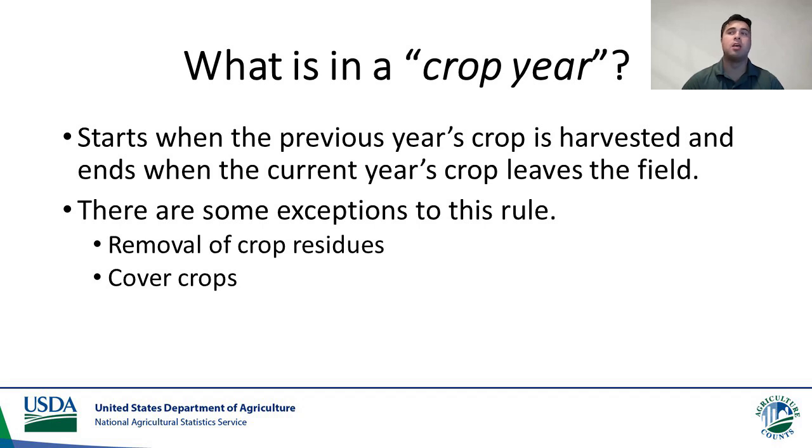So, for example, if barley was harvested from the field in the fall of 2023 and soybeans were planted in 2024, the crop code for all post-barley harvest activities and all pre-soy planting activities for the 2024 crop year will be recorded on the 2024 table with a crop code of 120 for soybeans. There are exceptions to this rule, which include the removal of crop residues and the utilization of cover crops. These will be discussed later in this presentation.